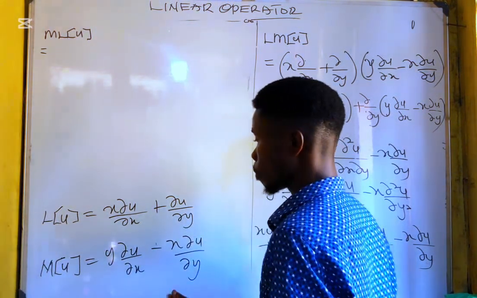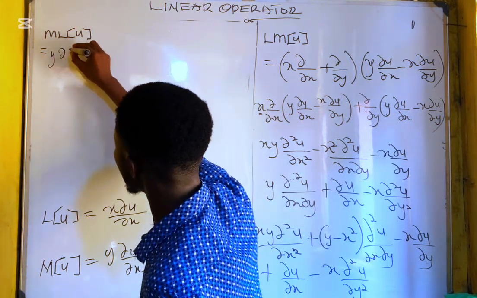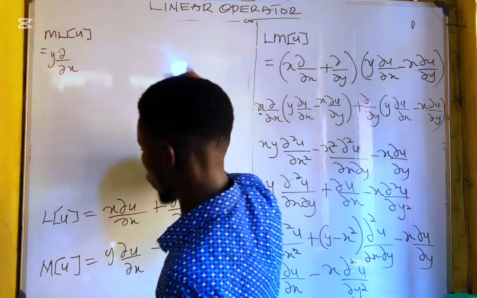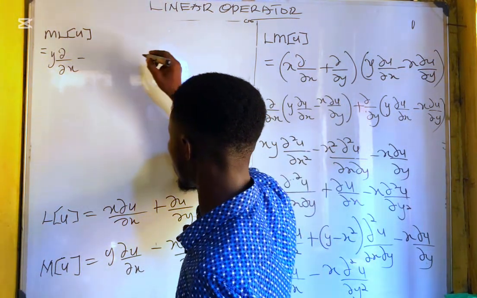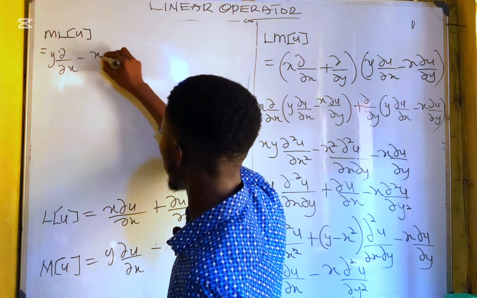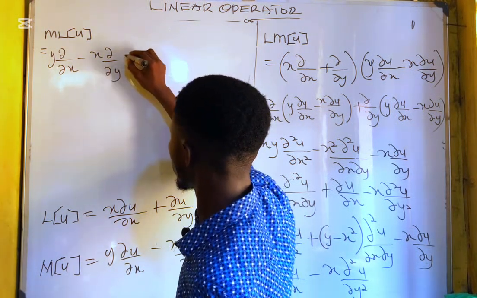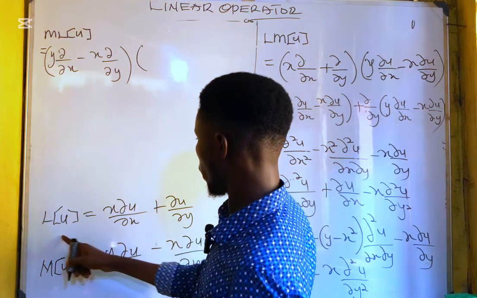Where is our M? Our M was y ∂/∂x minus x ∂/∂y. You can check it from the question if you have screenshot it. And this one is multiplying by LU. This is our LU.